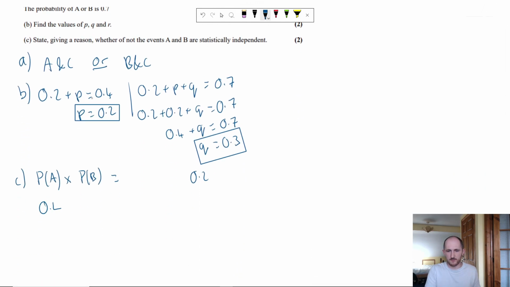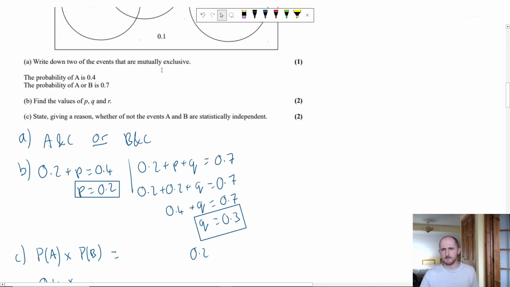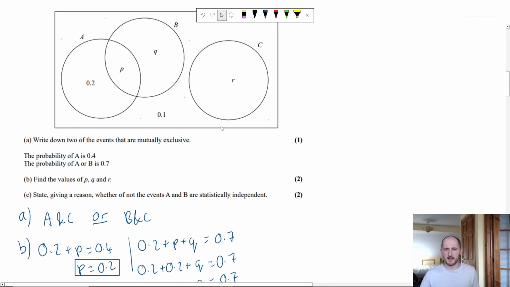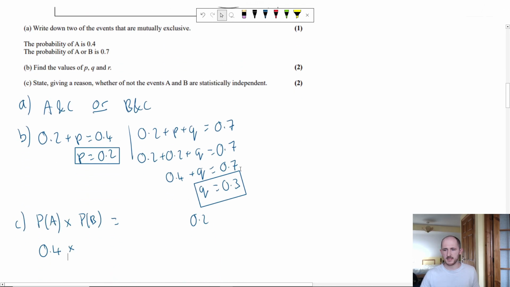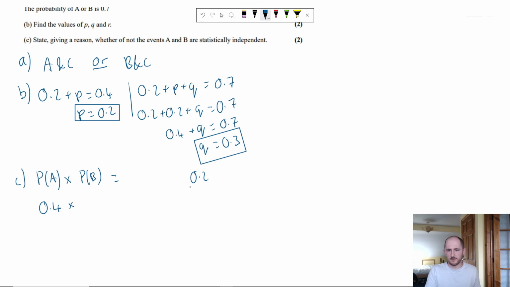So 0.4 multiplied by, and what is B? Well, B is Q plus P, so it's going to be 0.2 plus 0.3, which is 0.5, right? Because both of those added together. And that should give you 0.2 as well.